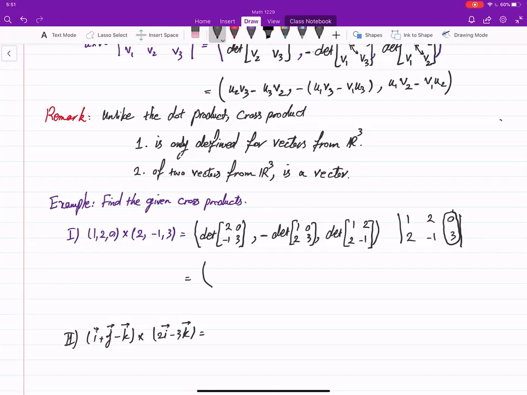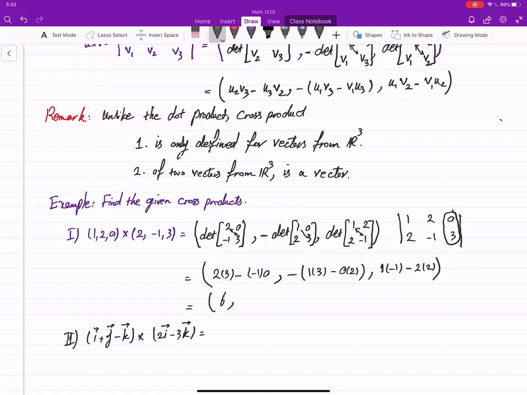Determinant of 2 by 2 matrix means that you multiply diagonal entries: 2 times 3 minus negative 1 times 0. 1 times 3, first these ones, minus 0 times 2, and 1 times negative 1 minus 2 times 2. This gives us, well, 6 minus 0 is 6.